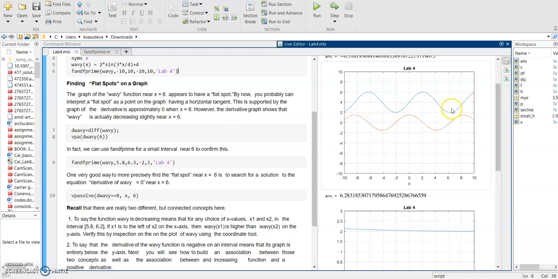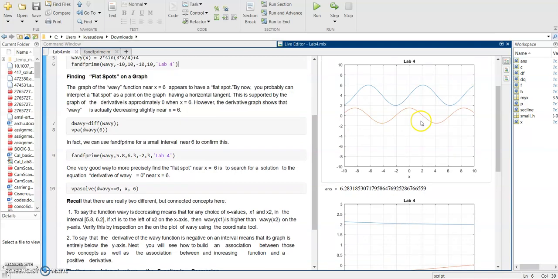I need to find at what point of x I have a horizontal tangent in the function. This lab is about the relationship between derivatives and function. So what we have to do is solve the derivative function to find the horizontal spot of a function. Of course, by looking at the graph, you can clearly see that at x equal to 6 you have a horizontal tangent.